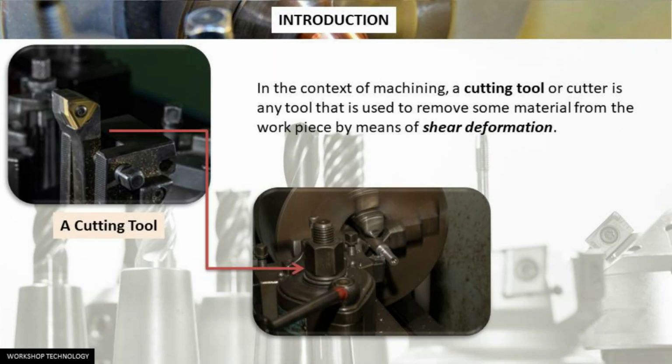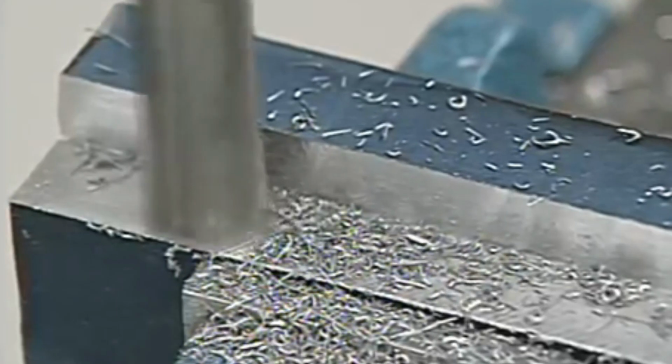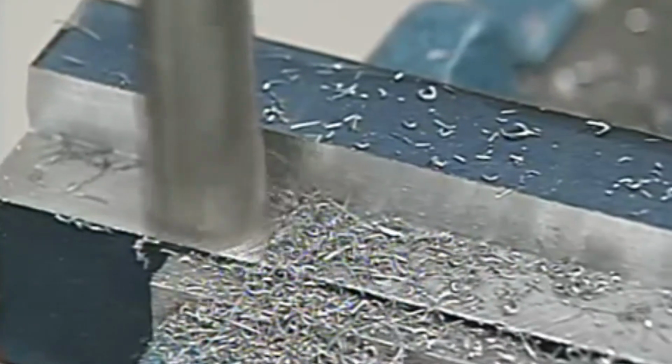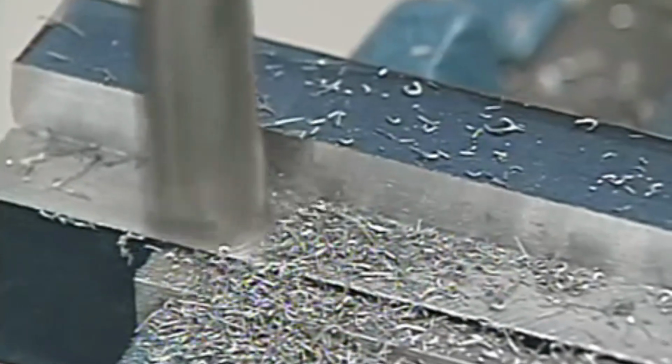Any machine tool is accompanied by a cutting tool. This cutting tool aids the machine tool to perform subtractive manufacturing, that means removal of material. In the context of machining, a cutting tool or cutter is any tool that is used to remove some material from the workpiece by means of shear deformation.